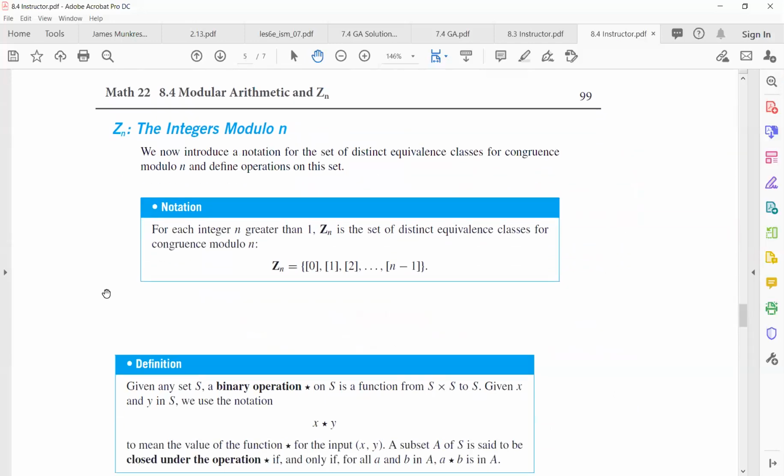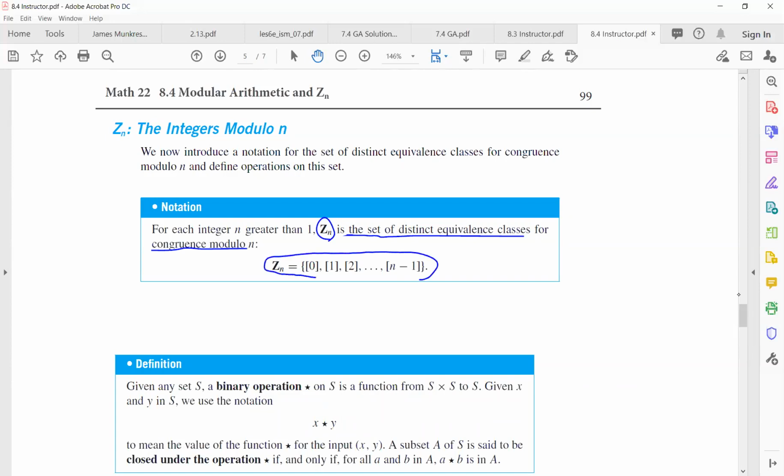Okay. Z sub n, the integers mod n. We can now define Z sub n. For any integer n greater than 1, Z sub n is the set of all distinct equivalence classes for congruence mod n.